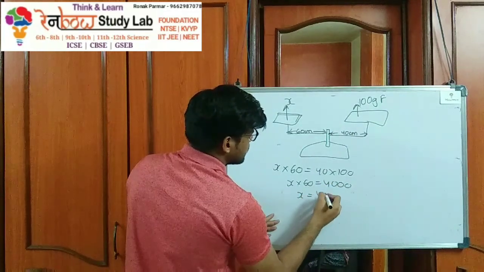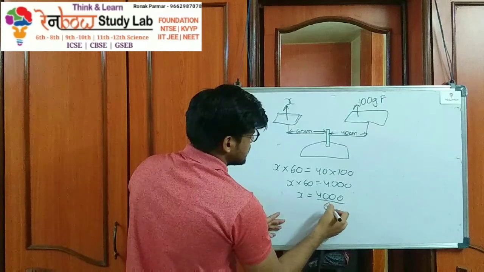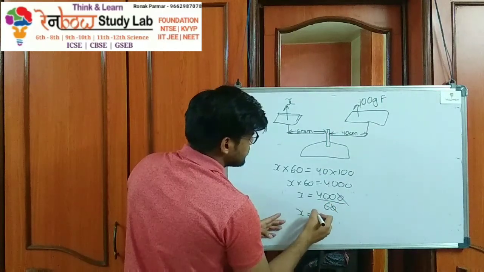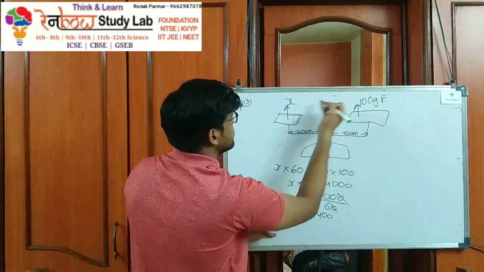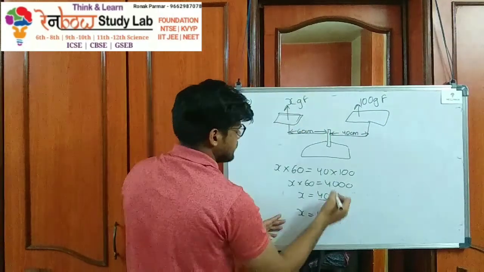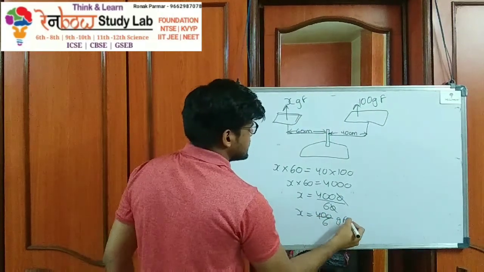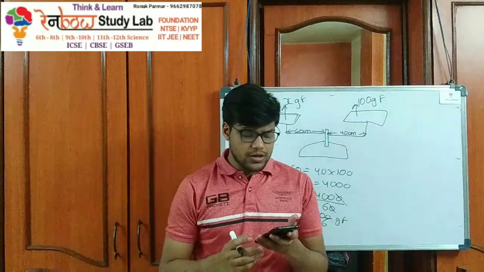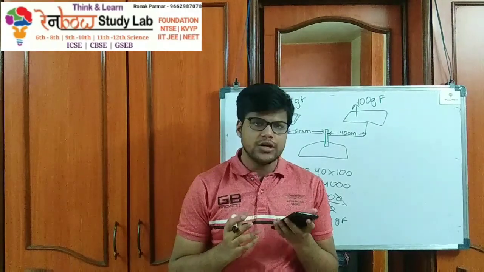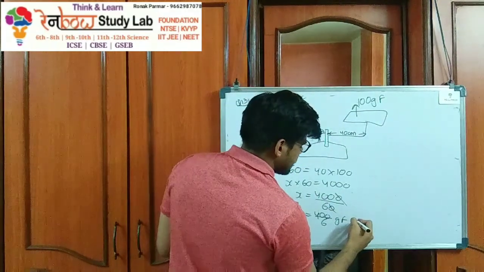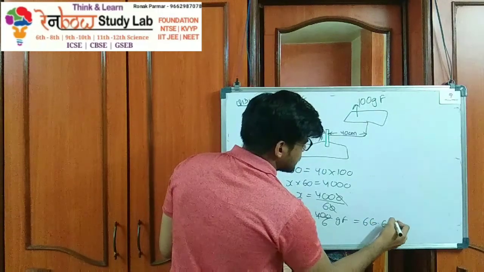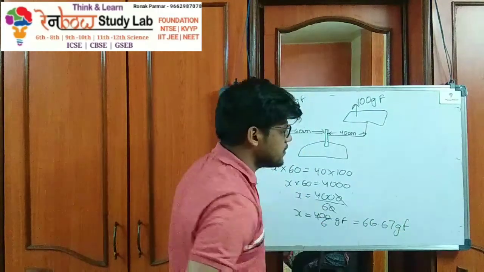So x will be 4000 upon 60. And your unit must be same as this weight, gf. So x is 400 upon 6 or 200 upon 3. If you convert into decimals, it will be 66.67 gf.